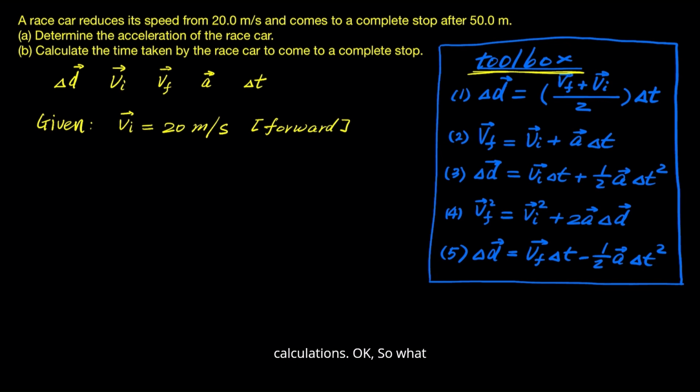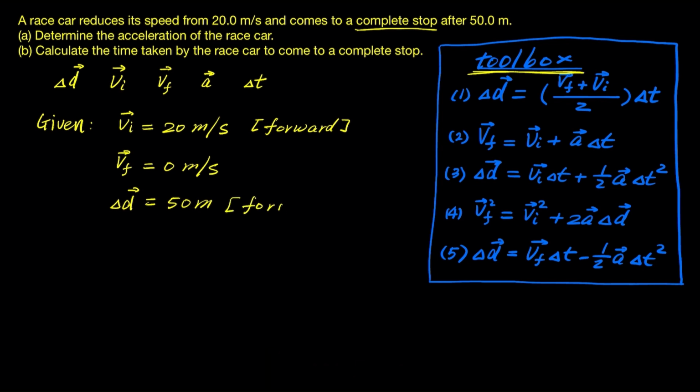Okay, so what else do we have? Because the car stops completely, we know that the final velocity, vf, is 0 meters per second. And because it travels a distance of 50 meters during this process, we know that the displacement, delta d, is 50 meters, and the direction is also forward.